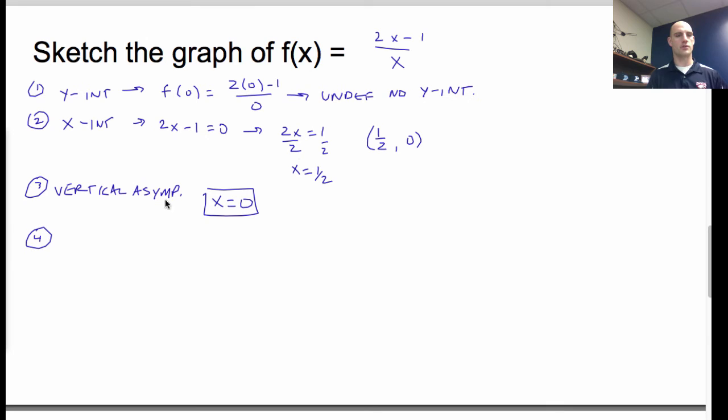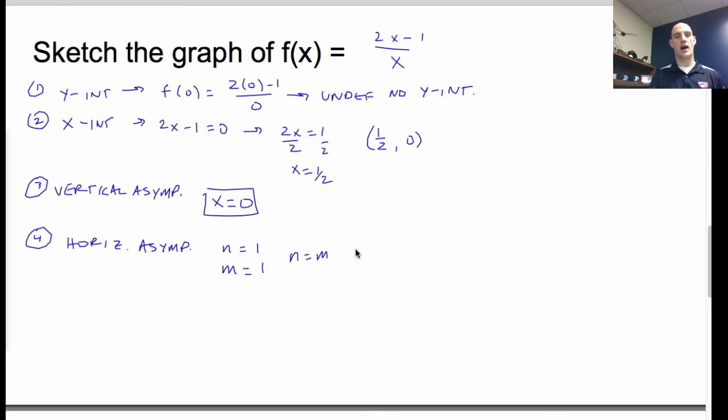And for number 4, I'm going to look at the degrees of my coefficient, so horizontal asymptote. Look at n, and the degree of the highest power is 1 on top, and on bottom the degree of my highest power is 1. So n equals m.